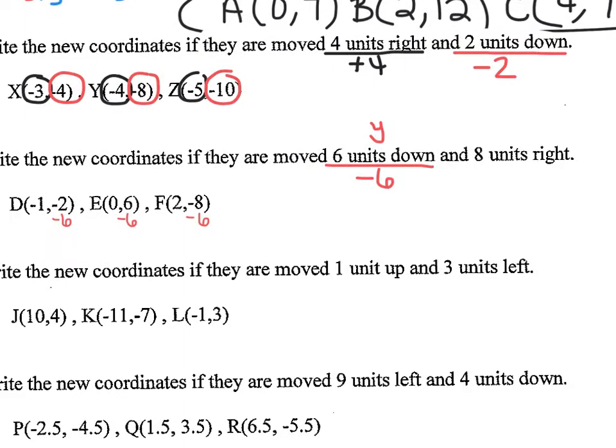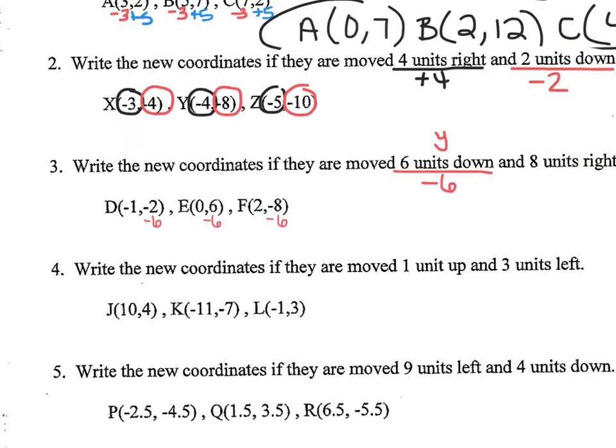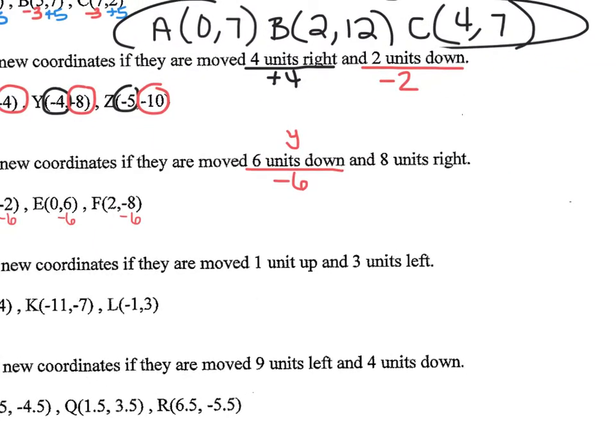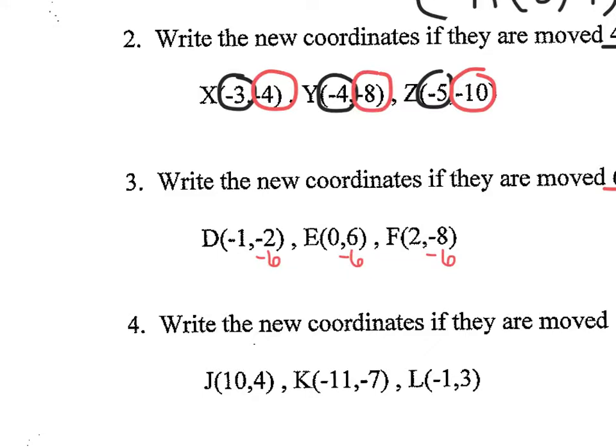Even though they wrote it first, they're talking about the y-axis, not the x. And 8 units to the right. And if we go right or left, that's the x-axis. So right are my positives, so plus 8. So plus 8 on all of those first numbers.